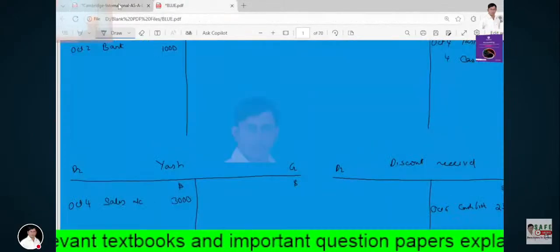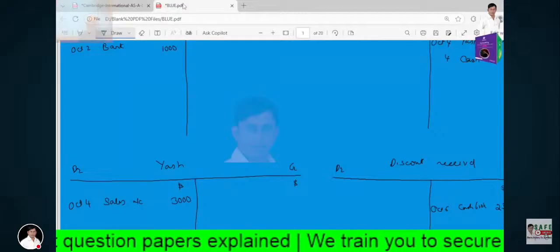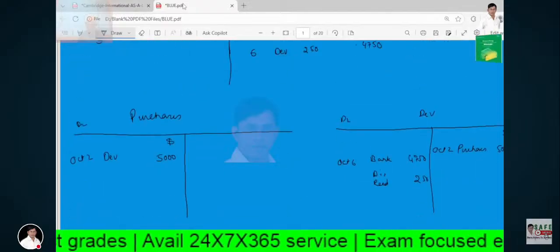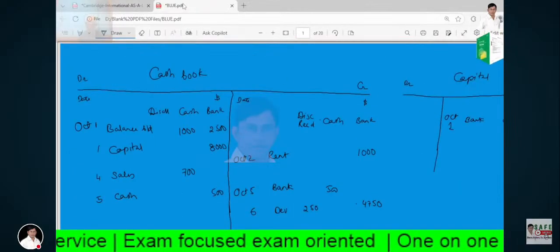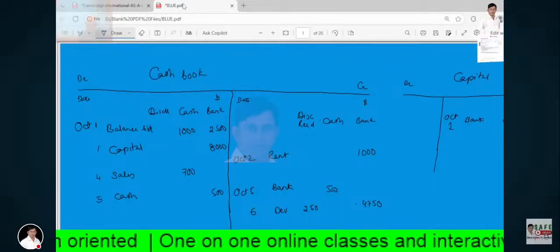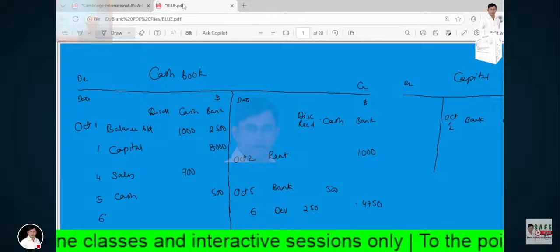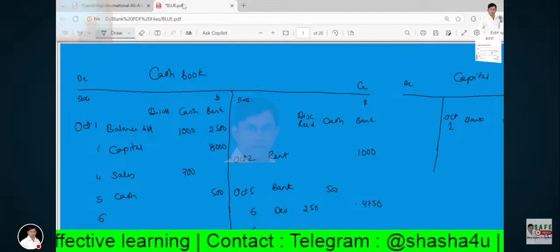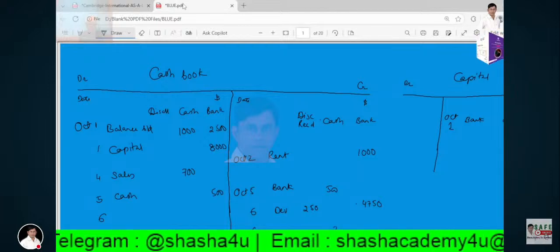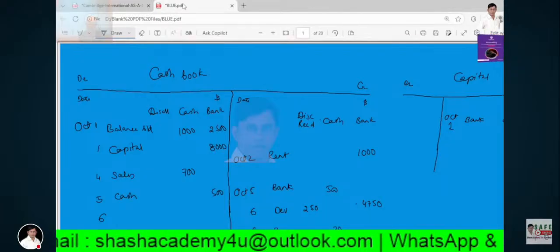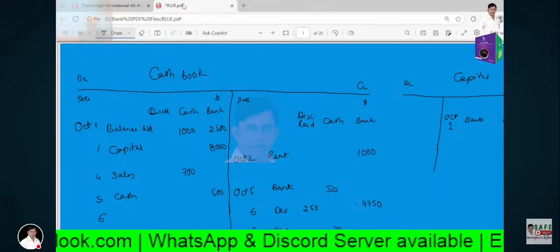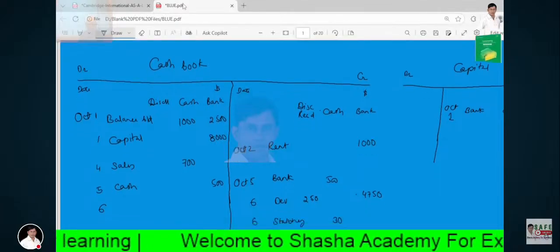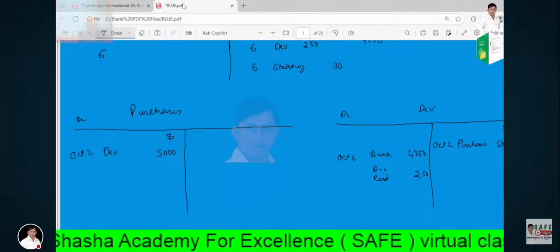And on 6th, we have paid stationery by cash. So money will go out. 30. Stationery. Stationery, money will go out.